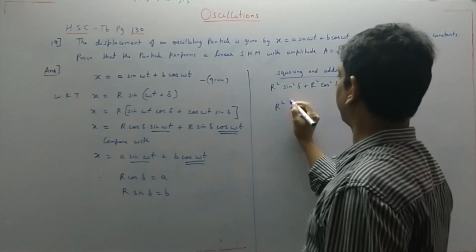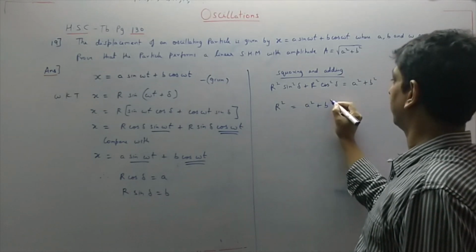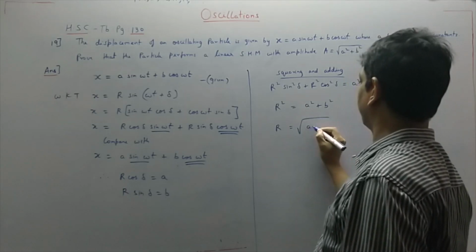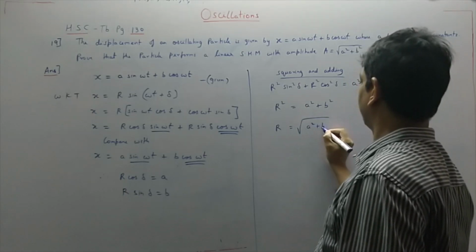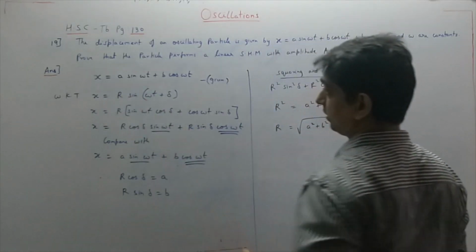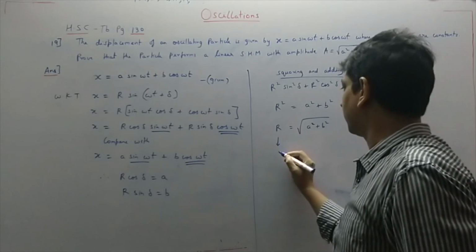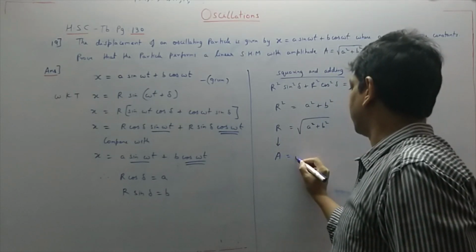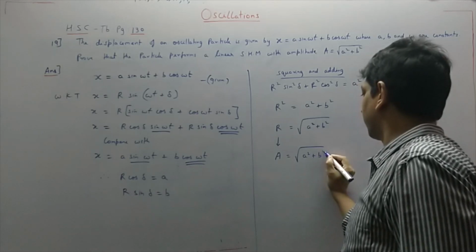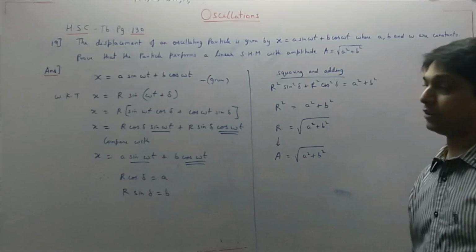So R square times sin square plus cos square, which is 1, equals A square plus B square, and here the resultant amplitude R is under root of A square plus B square. According to the theory we have done, we have taken R, or you can write the same thing as capital A, the resultant amplitude, is under root of A square plus B square. This is one of the methods.